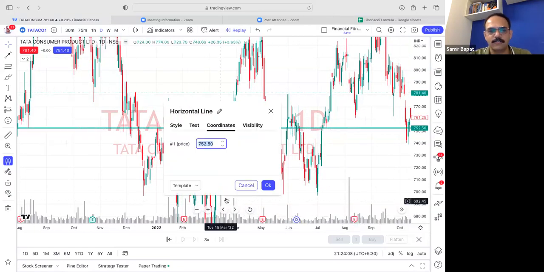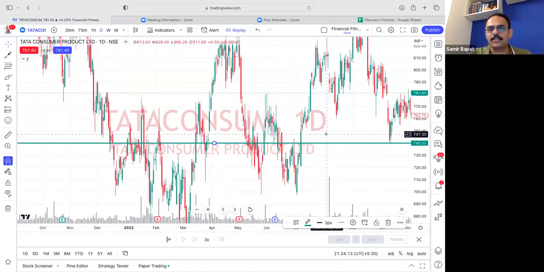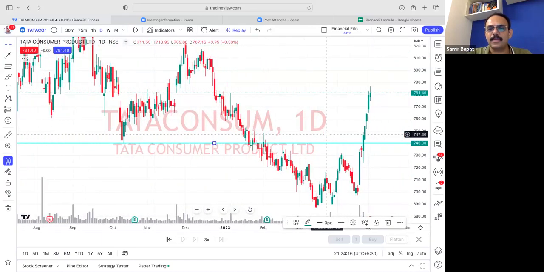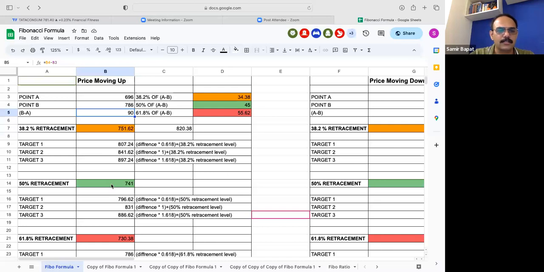Let's take 740. Now, if 740 is the support, then in the Fib formula, see, 50% retracement is around 740. Everyone can see this 50% retracement is at 741, here where my mouse is moving.